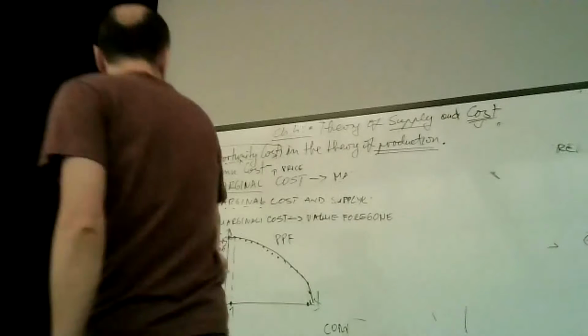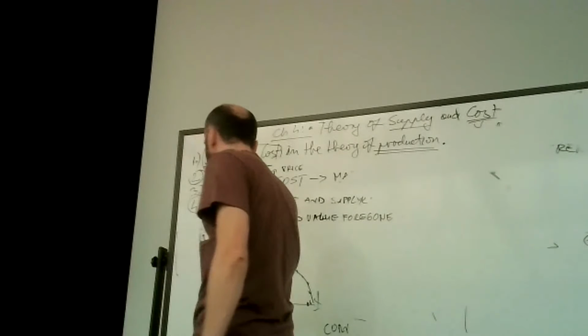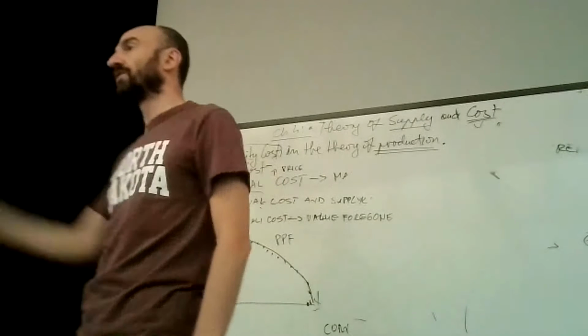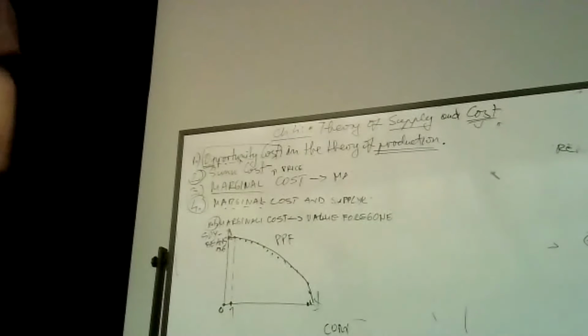You see, in order to increase your corn production from 0 to 1 unit, you have to sacrifice 1 unit, going from 14.5 to 13.5 units of soybeans. Is that the true opportunity cost? Is that the true marginal cost of unit number 1?